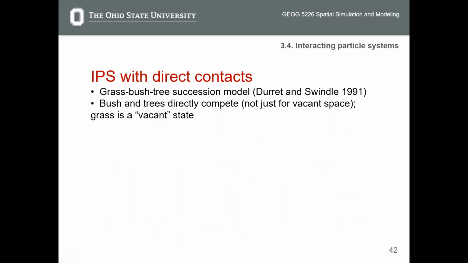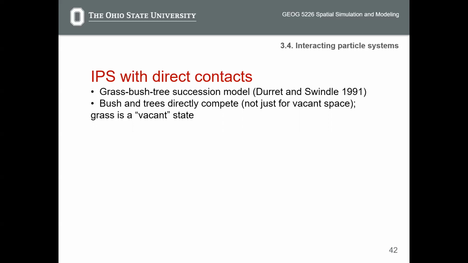And next, let's talk about IPS with direct contacts. So here, let's just say we have 3 states, right? 0 is for grass, 1 is for bush, 2 is for tree.